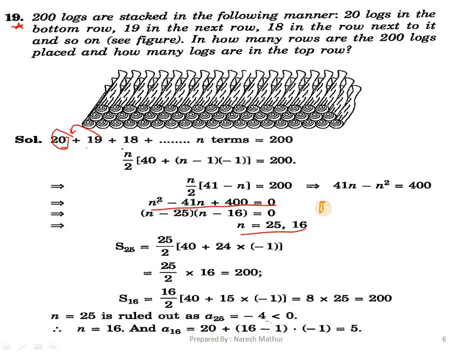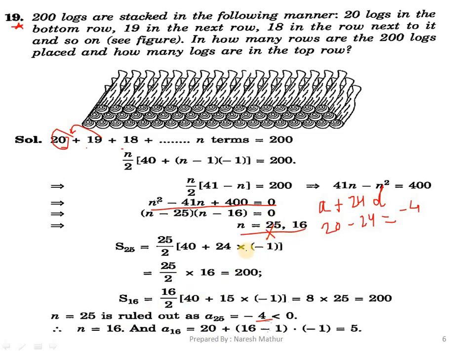Just check, a25 equals what? a plus 24d. a is 20, 24 into minus 1, so it will be minus 24. So it is giving us minus 4 logs. That's not possible. Minus 4 is less than 0, so we will not consider this value. We'll not consider n equals 25.